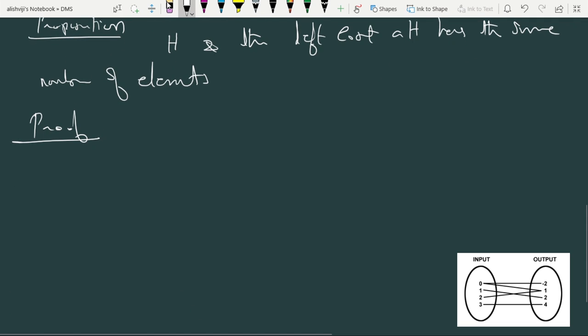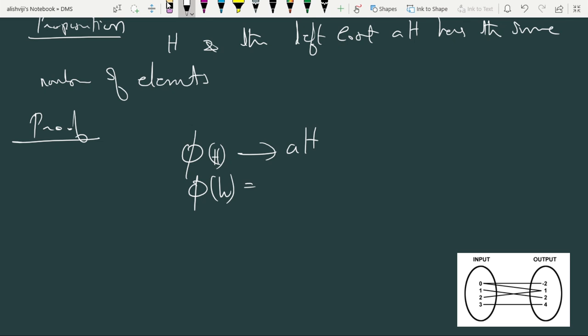To prove this, I define a function or mapping from H to aH as phi of some element h equal to a h, where h belongs to capital H and a is an arbitrary element of the underlying group G, of which H is a subgroup.